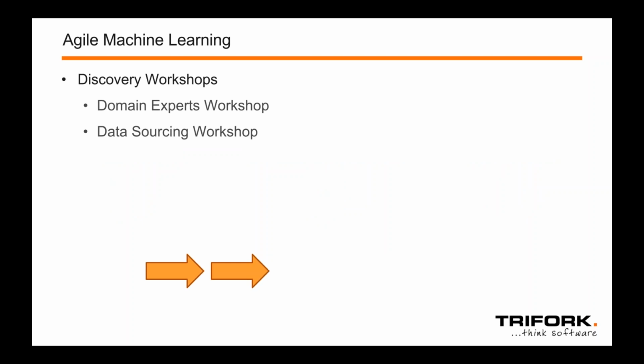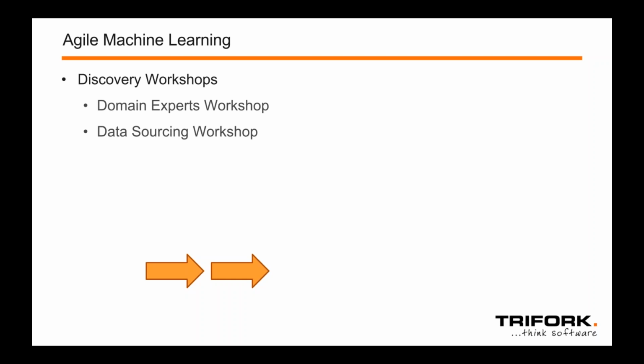So how does it look exactly? When we do a project, we start off with a number of workshops where we, first of all, do a workshop with domain experts. So experts in the application, experts in terms of what the customer wants or what they expect, these kinds of people. Secondly, there's a data sourcing workshop.